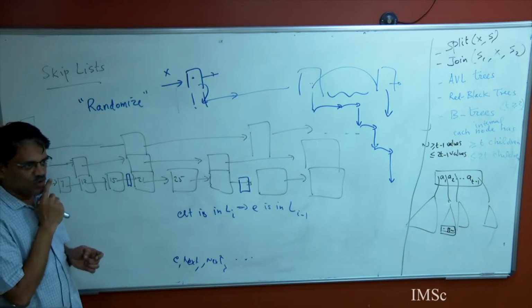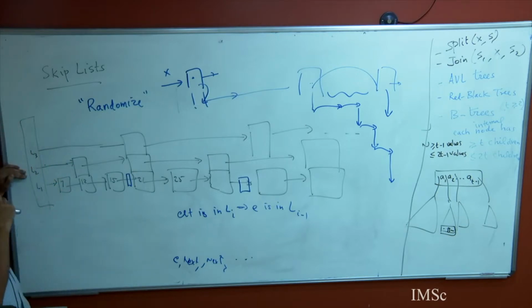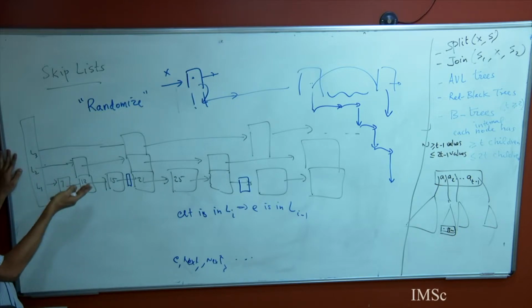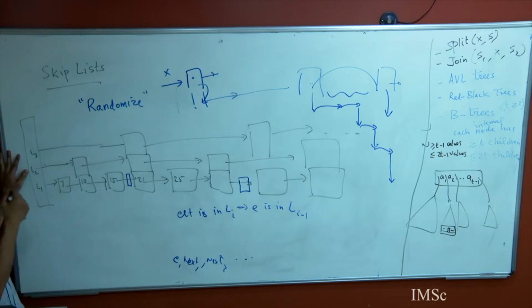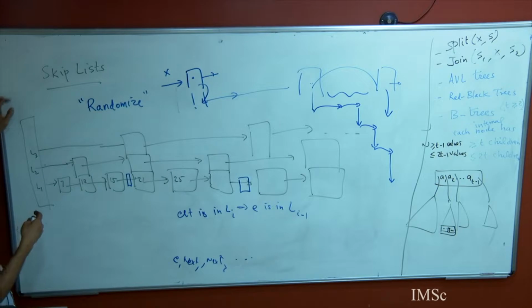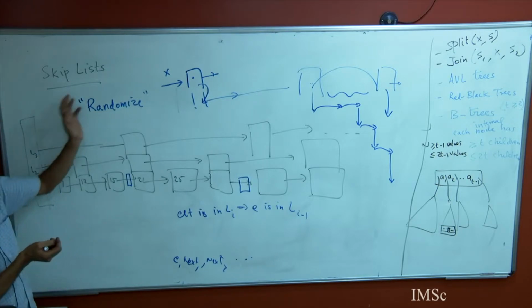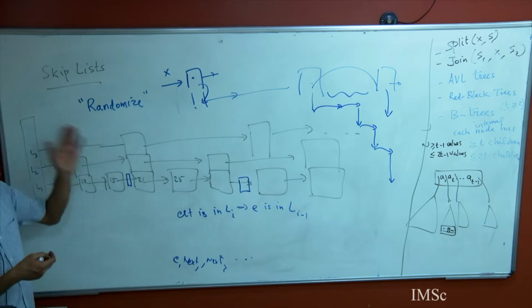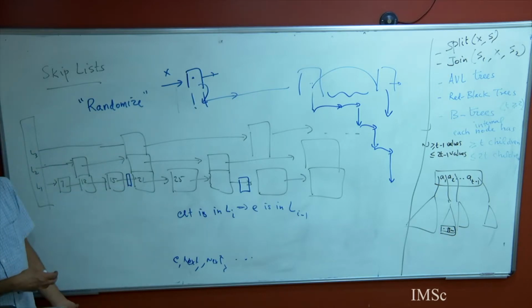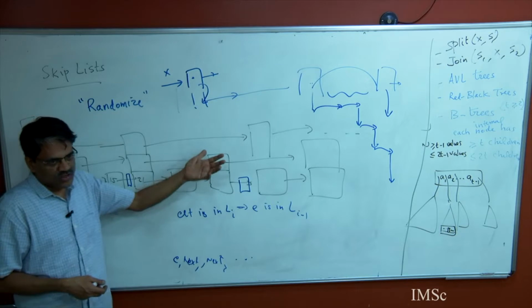So what is the expected size of L2? Half of them. Expected size of the next is going to be 1/4, then 1/8 and so on. So the expected number of lists will be log n. So the expected search time will be log n, and insertion is follow through, and then you toss.